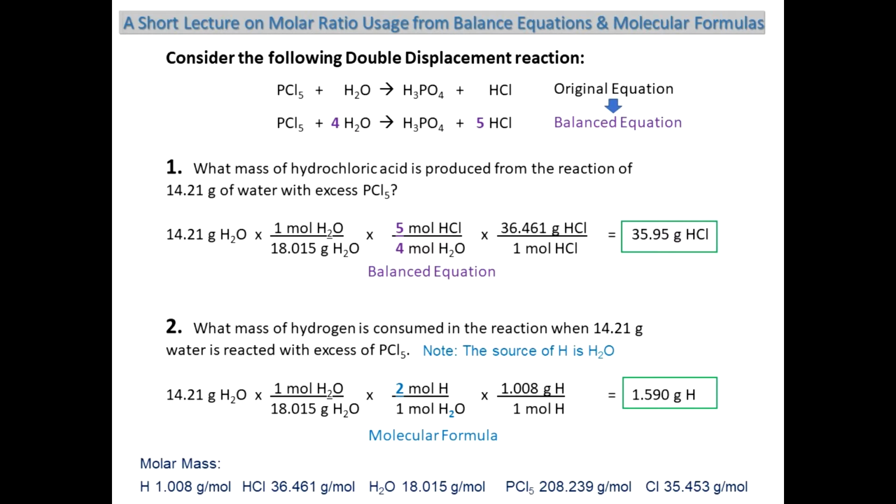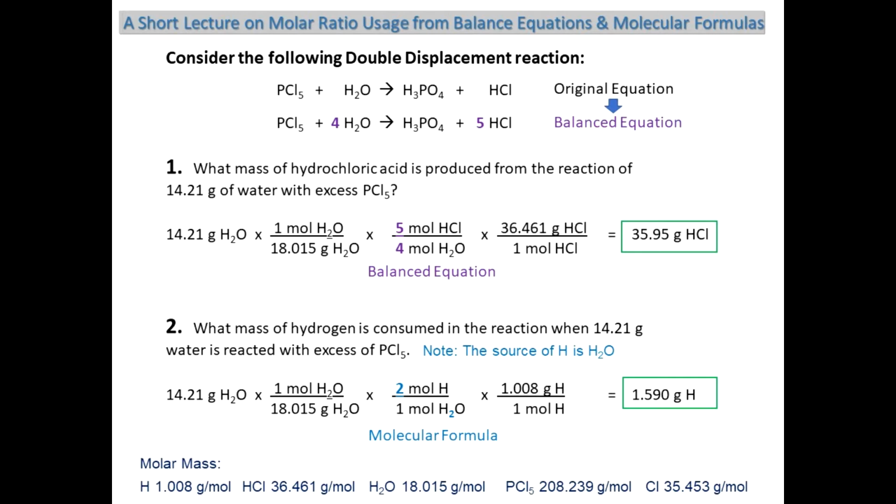So, question number 1. What mass of hydrochloric acid is produced from the reaction of 14.21 grams of water with excess phosphorus pentachloride? To do this, we set up a standard dimensional analysis, starting with the given. The given is 14.21 grams of water.